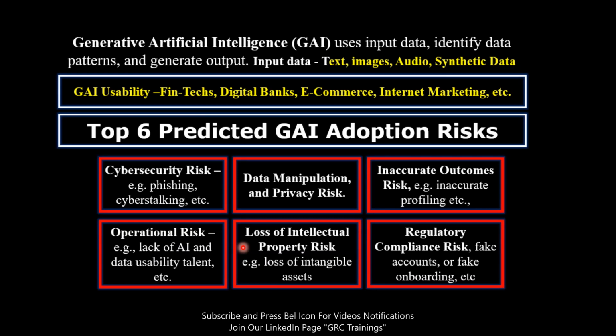Further, loss of intellectual property is another risk posed by GAI, because intangible assets like software use rights may be granted to an unauthorized person, which means a lack of control by the organization over its own intangible assets.